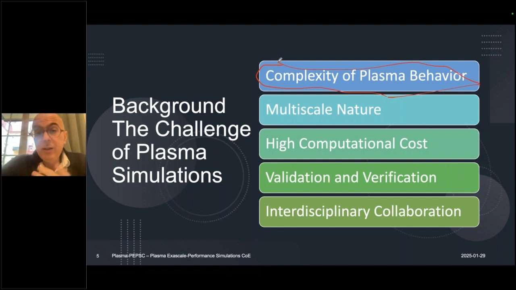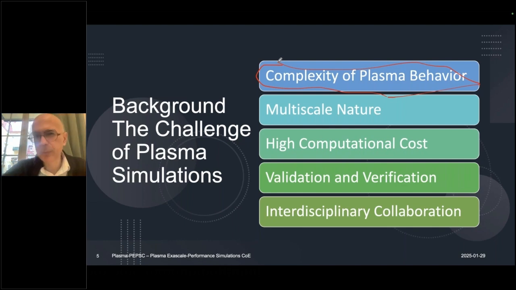So from a numerical point of view, you need to follow the dynamics of the electrons, but still you're very much interested also in following the slow dynamics of the protons themselves. So you need to resolve the frequency of typically the electrons that are very, very fast, but you are more interested in the global behavior of the system that is determined by the motion of the massive protons.